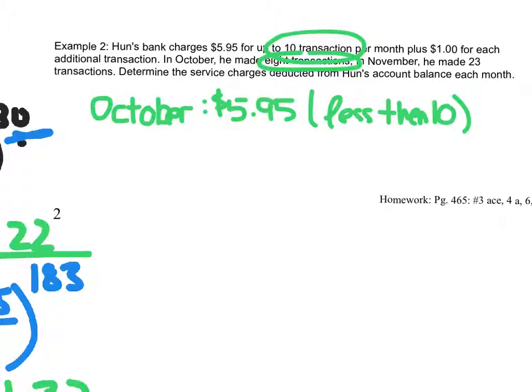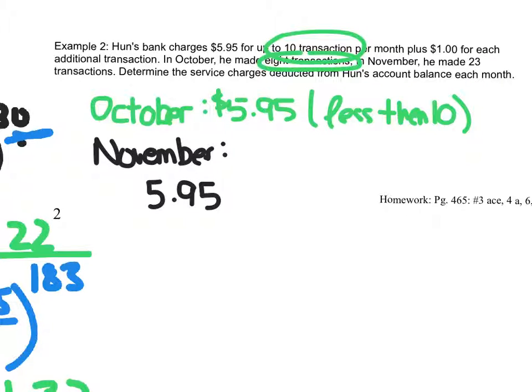Now let's look at November. In November, he had 23 transactions. So he has to pay the $5.95 for the 10, right? But then what you're looking at is that of those 23, 10 of them are essentially covered, right?